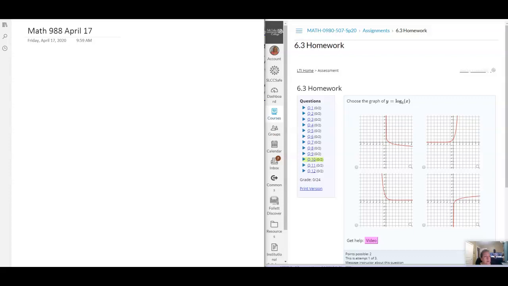If it's asking you to graph y equals log base 5 of x, we're going to take what you learned in the beginning part of Module 6 and change this into exponential form. That means you take the base of the log, raise it to the y power, and put it equal to x.